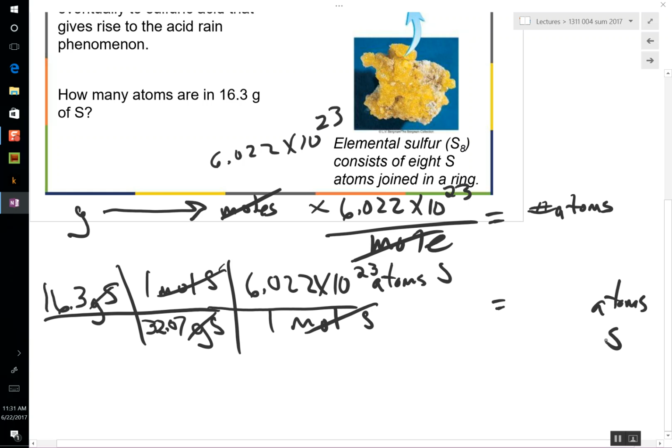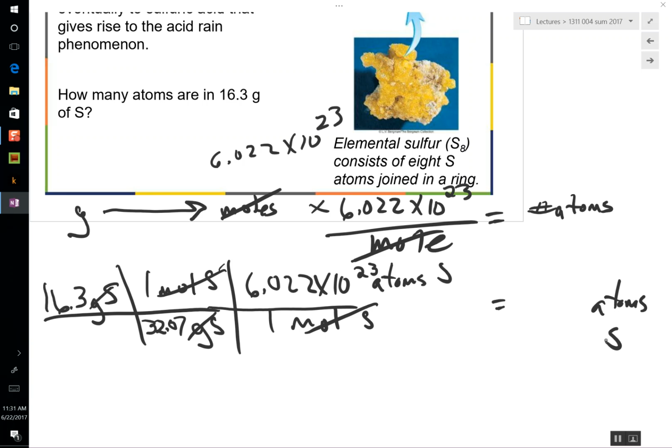16.3 divided by 32.07. Times, and what I'm going to do when I multiply this on my calculator, I'm going to put this in parentheses.